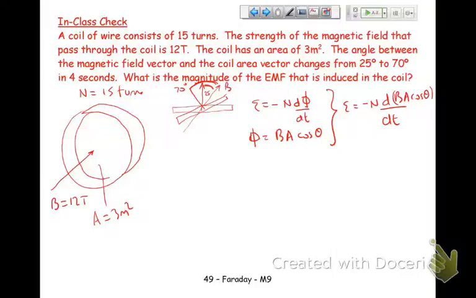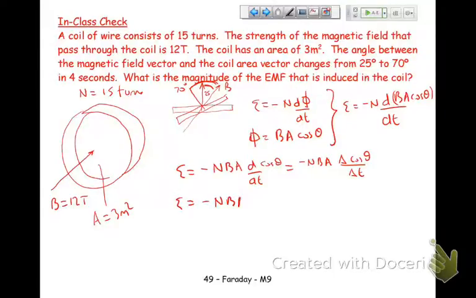Take everything out that's common, so N, B, A. I have d by dt of cosine theta, which equals minus N, B, A delta cosine theta over delta t. So E is equal to minus NBA times cosine theta final minus cosine theta initial over delta t.